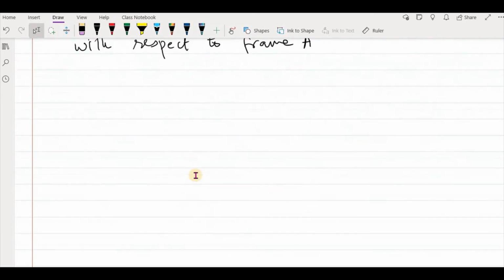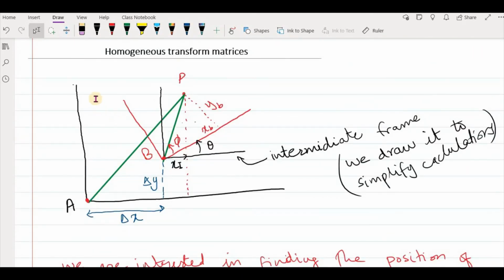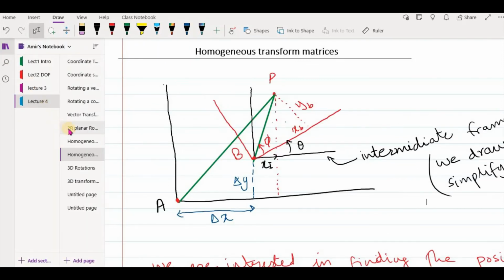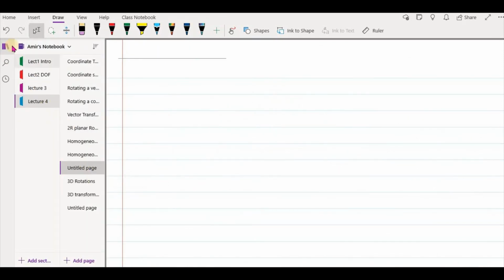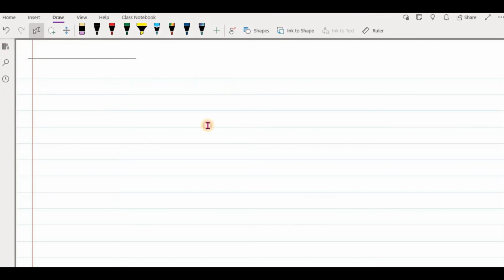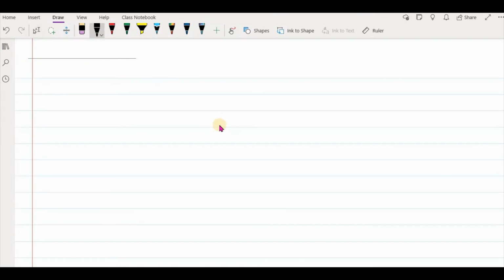Now we do it using homogeneous transforms. Okay, so first there was a rotation.